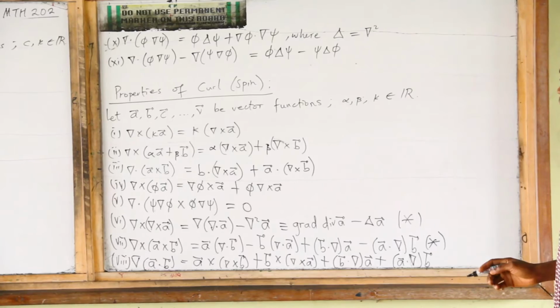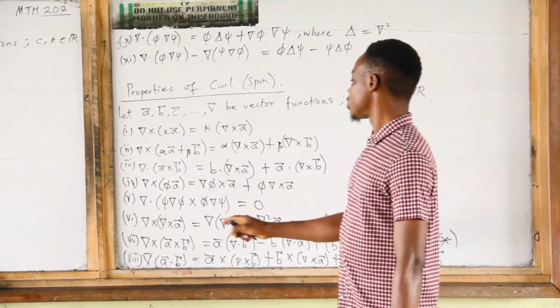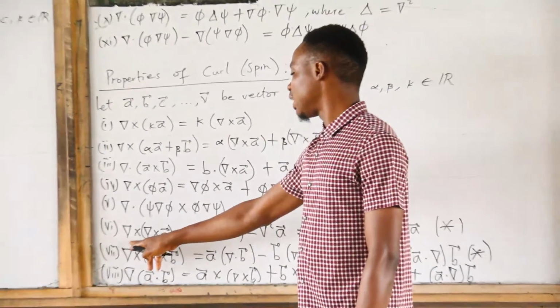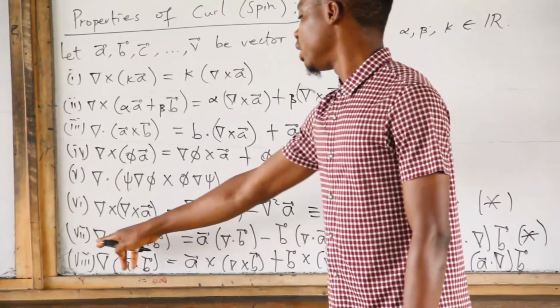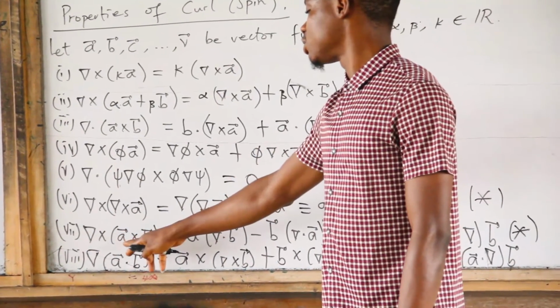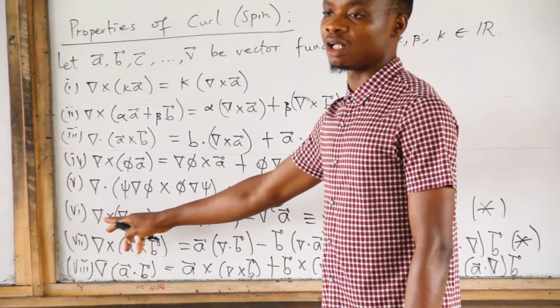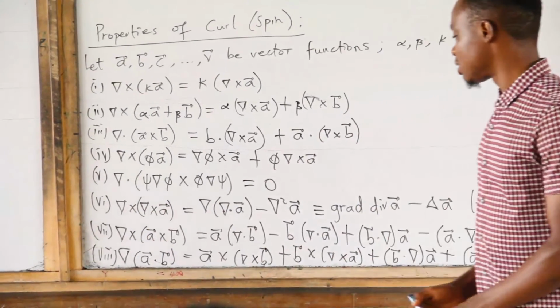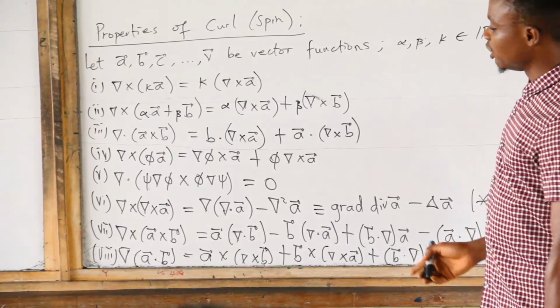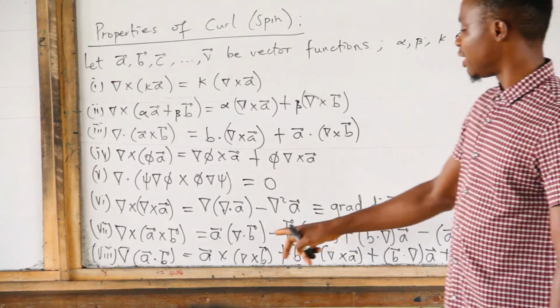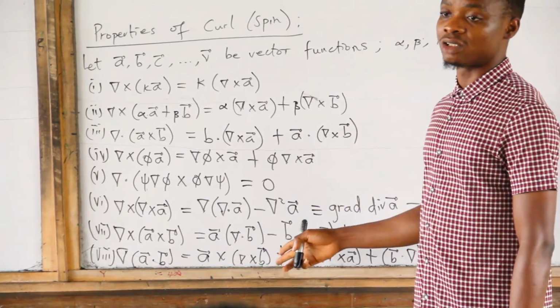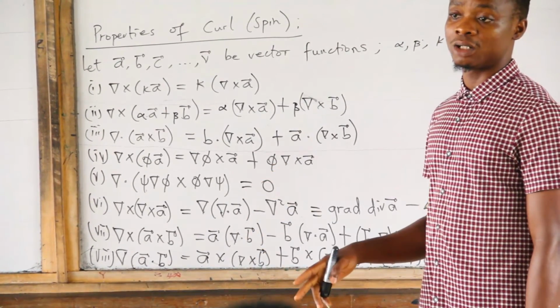Listen very well. You might be tempted to think that because you have nabla A here, and in this case, you might just think this one will just replace everything you have for nabla. Okay? But that is not so. You will see that when we dealt with divergence, I told you nabla dot A is not the same thing as A dot nabla. You get what I'm saying?